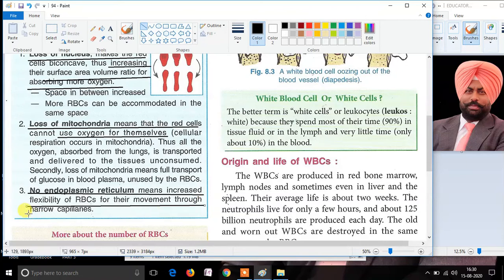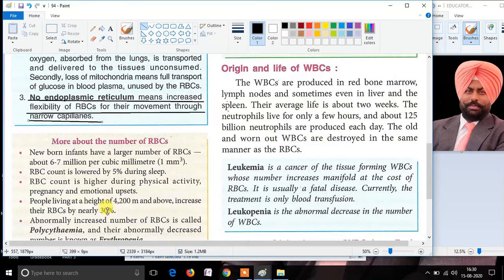Because of the lacking of this organelle, the red blood cell becomes somewhat flexible, and now the red blood cell can easily pass through the different narrow capillaries to provide the required oxygen to the different needy tissues. Hence we can say that loss of endoplasmic reticulum helps in the flexibility of red blood cells.